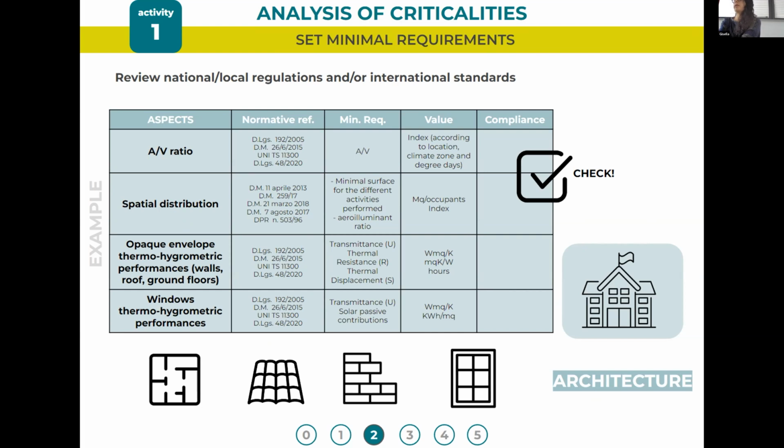And so we can create an easy to read table in which to define the aspects under investigation, the normative reference, the minimal requirement and its value, and so start to understand if our building, according to our knowledge framework, complies or not with this indication.